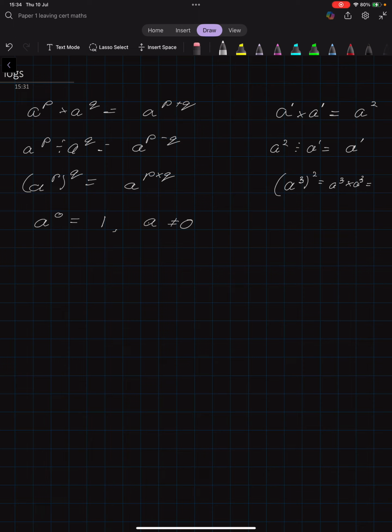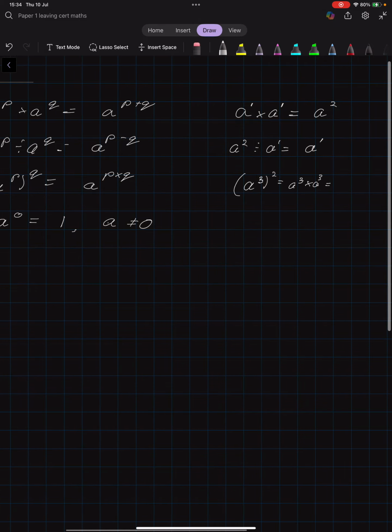The reason I'm changing the 2 to 3 is specifically because I was going to say you're obviously multiplying, but you don't know that because 2 times 2 is 4 and 2 plus 2 is 4. That's why I've changed it to a 3. So this is equal to, again, you add the powers, so it's a to the power of 6. So here you multiply because 3 times 2 is 6 and 3 plus 2 is 5. And because you get a to the power of 6, that means you must multiply.